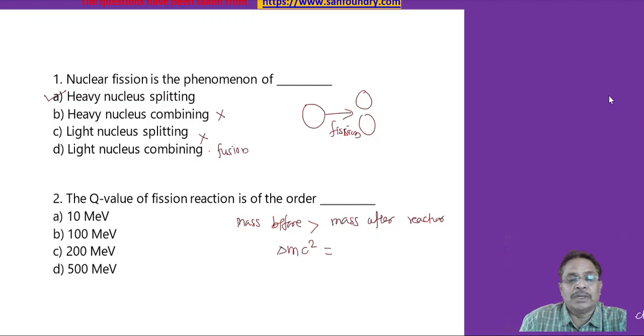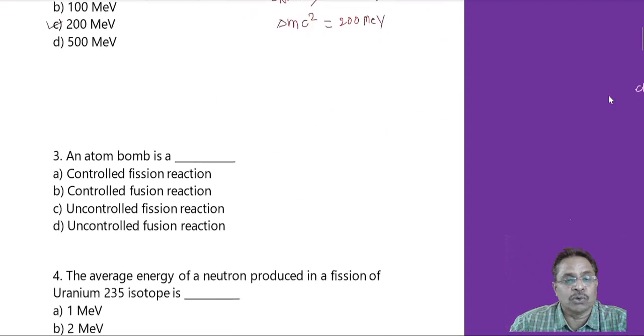And if we go on careful calculation for this fission of uranium-235 with a thermal neutron, this number comes to be 200 MeV approximately. So the answer of question number 2 is C, 200 MeV, million electron volts.